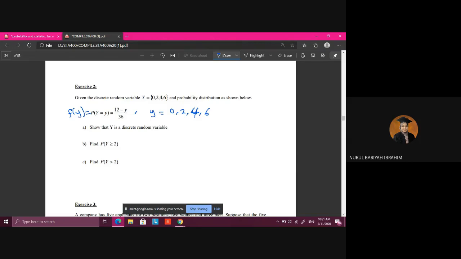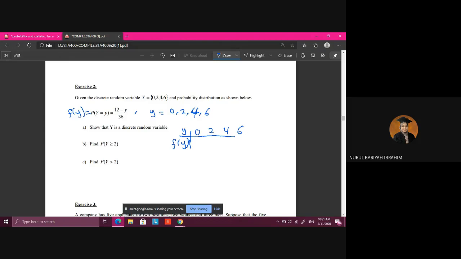So how do we know that this function belongs to a discrete random variable? Because the possible outcomes are in this form. If they are in the form of a range, decimals, that is continuous. This is discrete. Okay, so from here we can create the probability distribution table, where the possible outcomes are 0, 2, 4 and 6, and here are their probability values.